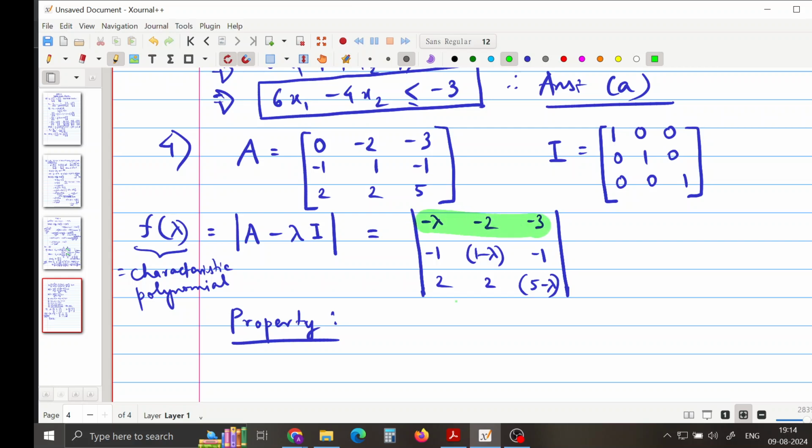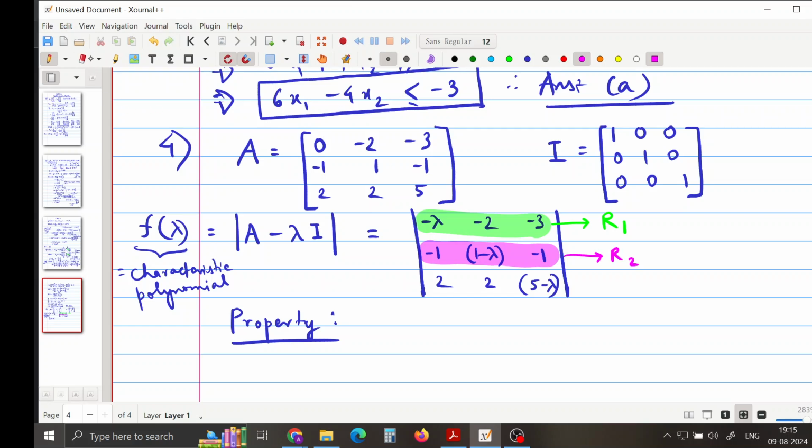So this is the first row, which is denoted by R1, and this is the second row, which is denoted by R2.